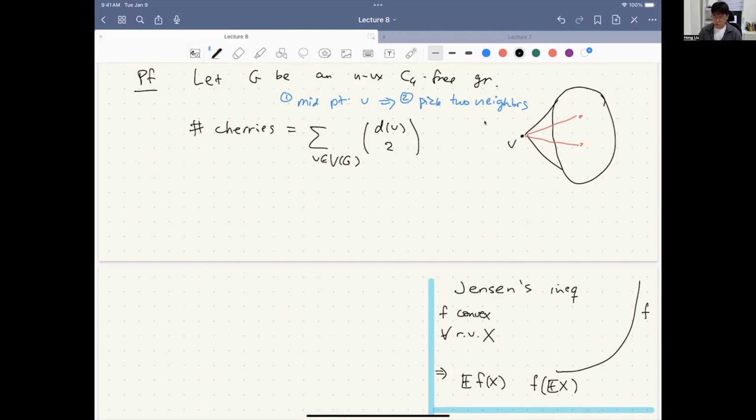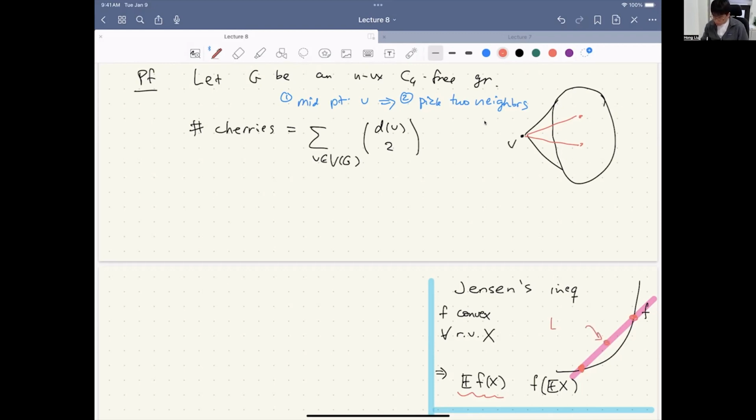Well, the easiest way is to remember this picture. We have this convex function f curving upwards. Now, what is this guy? Expectation of f(X). If X takes two values here, then their expectation is exactly here in the middle.